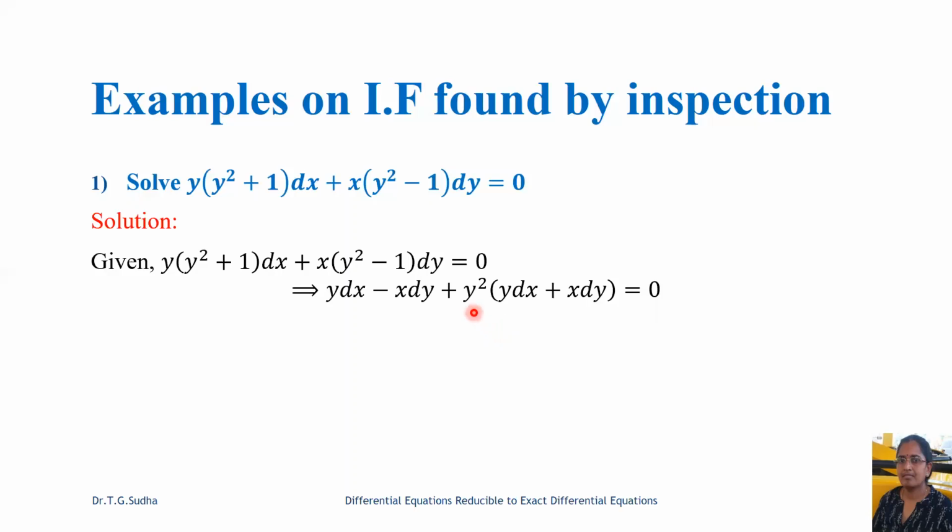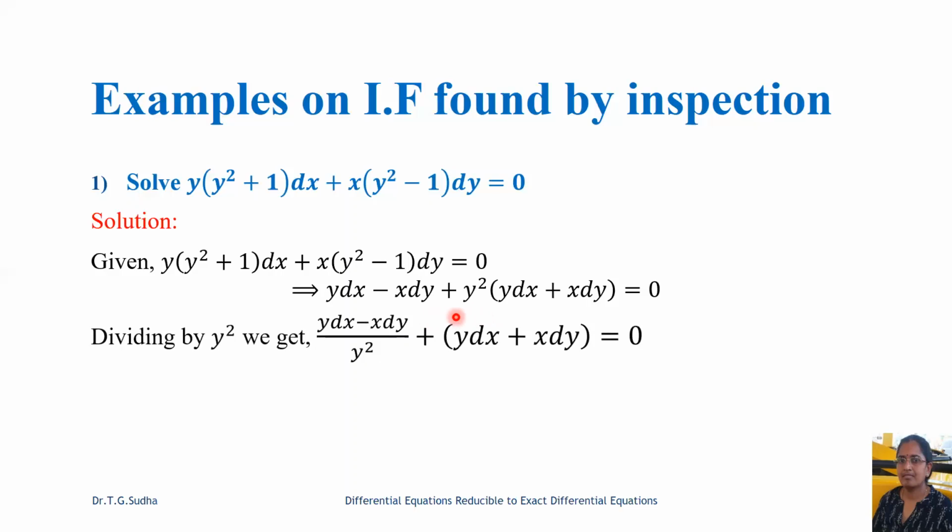Now let us bring it to one of the combinations which we discussed earlier. For that, let us divide by y square. When we divide by y square, we get (y dx minus x dy) divided by y square. And in this term, when we divide by y square it will get cancelled and we get y dx plus x dy equal to 0.